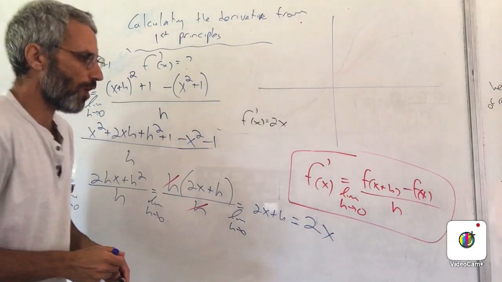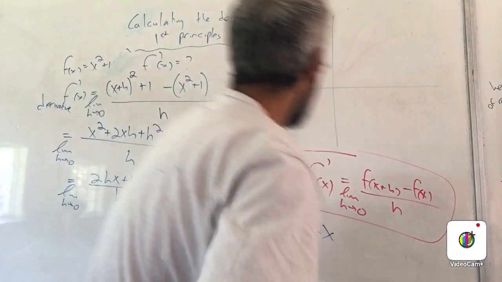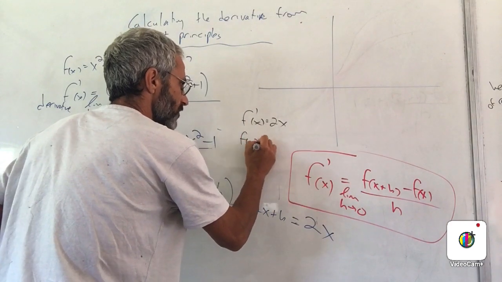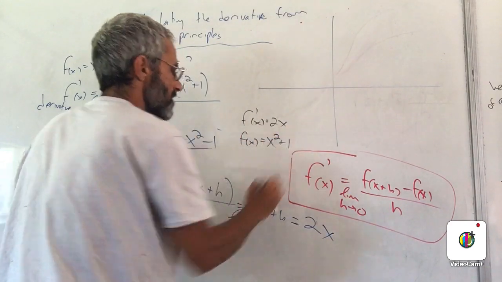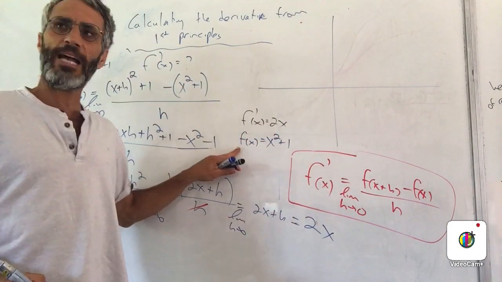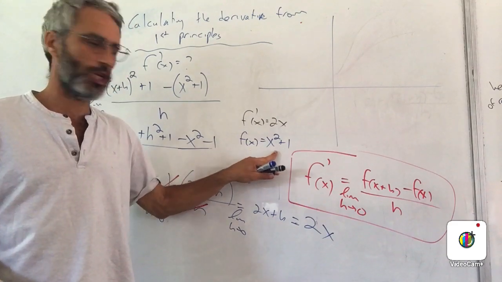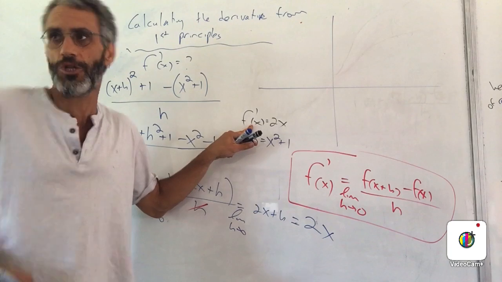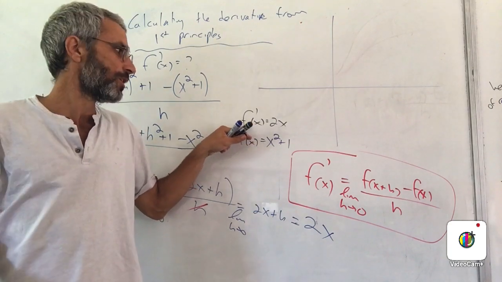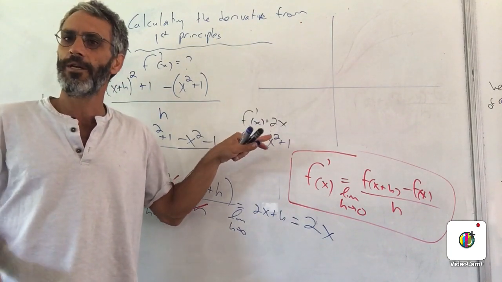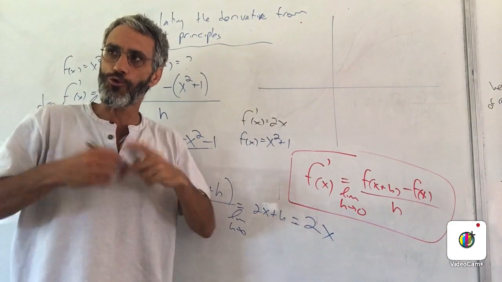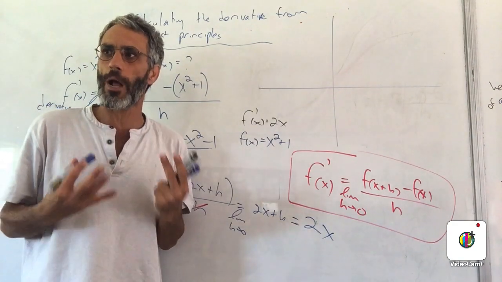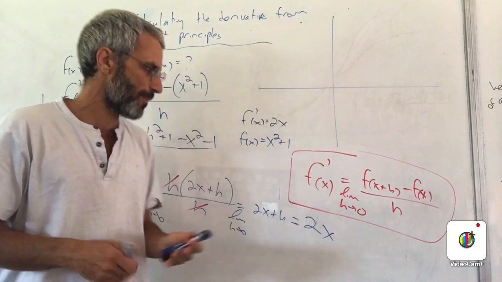Now I'm going to try and explain, what does that mean? I don't think any of you really understand what it means. Okay? What we discovered is that if we have a function which is x squared plus 1, the derivative of that function is a function in itself, which is 2x. Okay? And I'll try and now, by drawing, maybe explain to you why does that make sense.